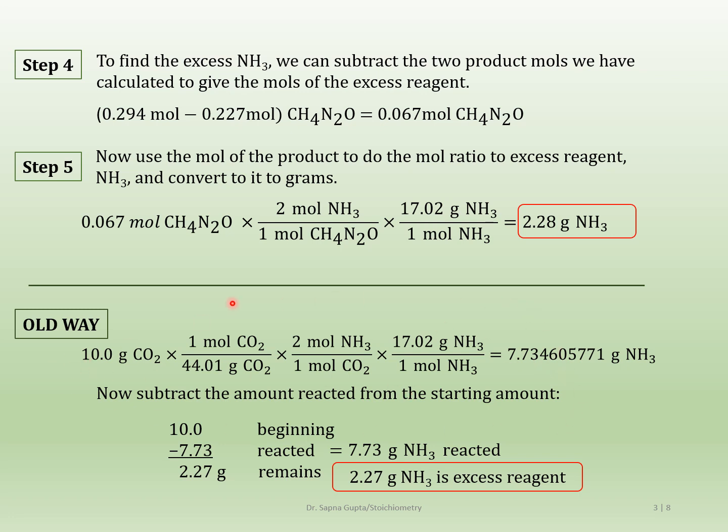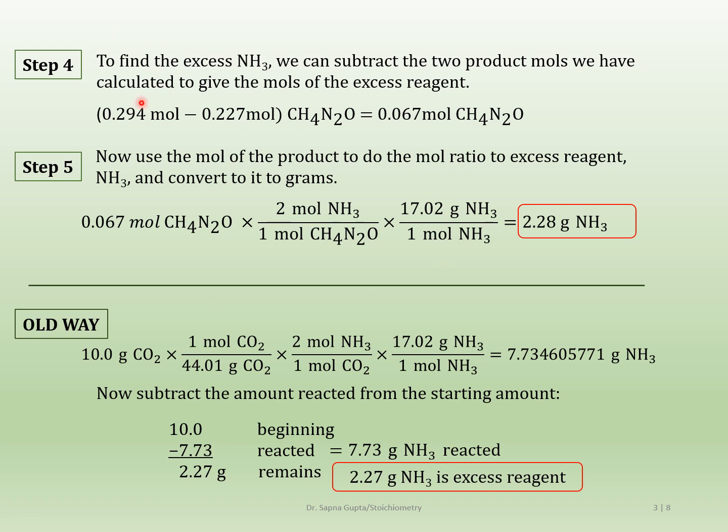Because this calculation is showing you that for 10 grams of carbon dioxide, you need only 7.73 grams of ammonia. So then all you do is subtract the 7.73 from 10 grams, and you will get the same number as you get here.